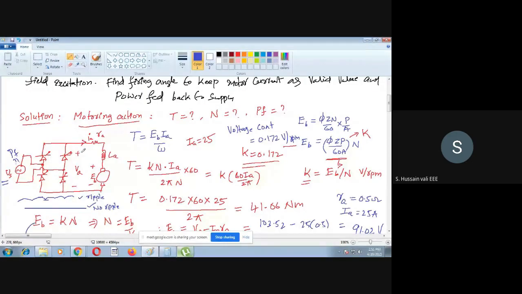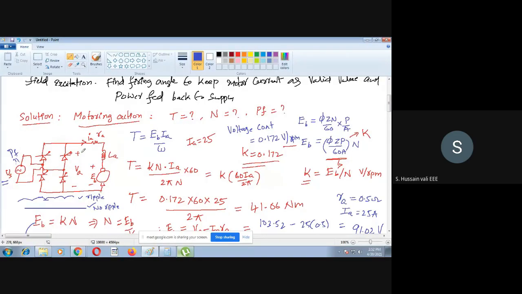Whenever you have a power electronic converter, the current or voltage waveform is non-sinusoidal. If it is non-sinusoidal, then you cannot use cos theta directly. Rather, you have to follow some other procedure.